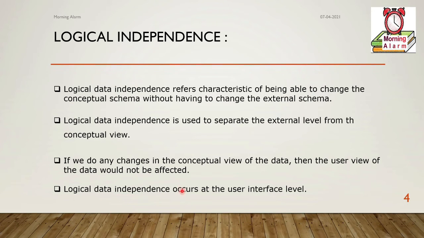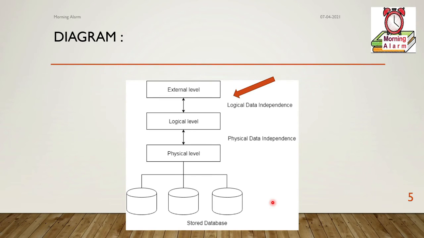Logical data independence occurs at the user interface level. If you want to know about it, another video is coming about the interfaces, so watch it and then you can understand this easily. Next, let us see the diagram of it.